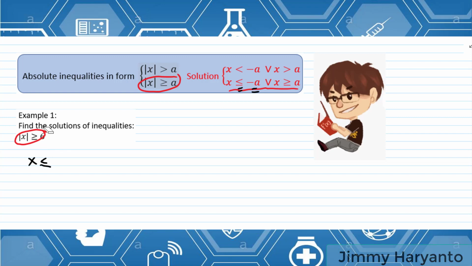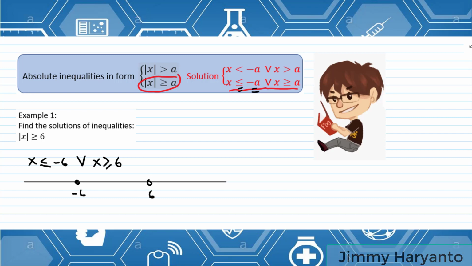The a is 6, so x less than or equal to negative 6, or x greater than or equal to a, and the a is 6. Okay, so this is the solution. Now we have negative 6 right here, and 6 right here.